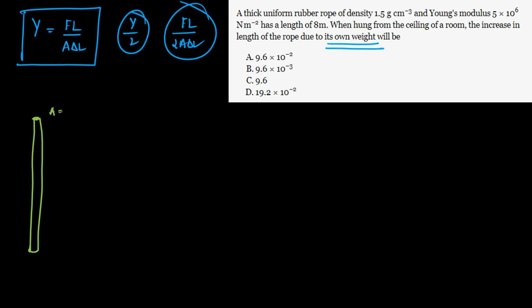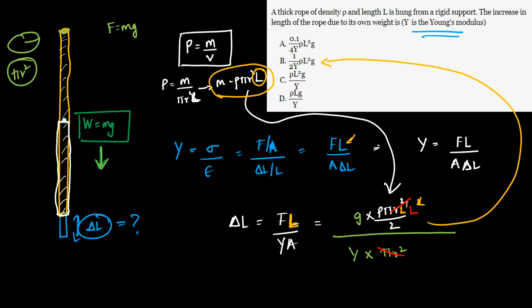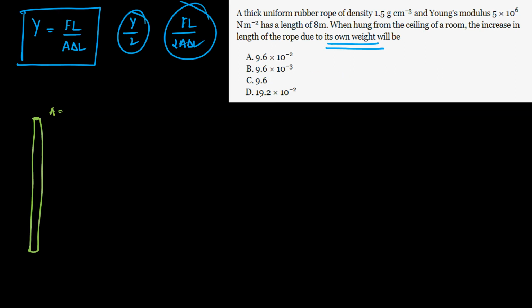Or we can somehow find out the area. You can just plug in the value and you should be getting your answer, so don't break your head. What you have to find out is delta L, so delta L you should send over here.